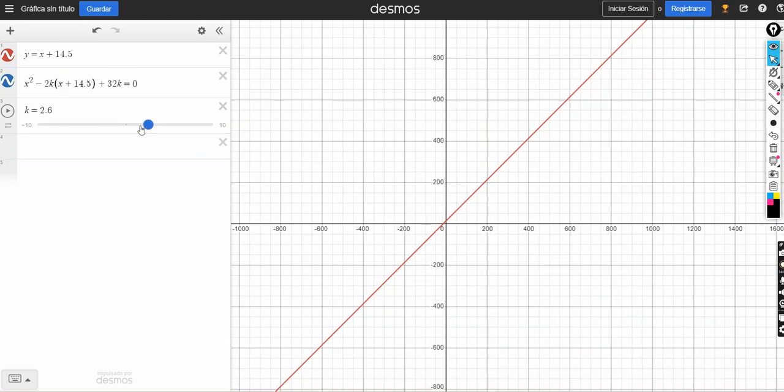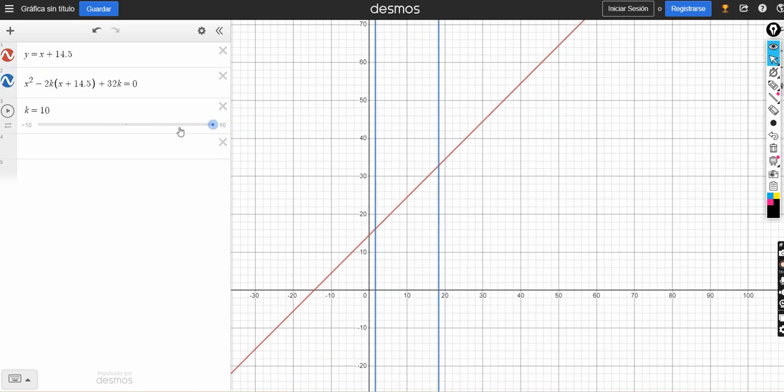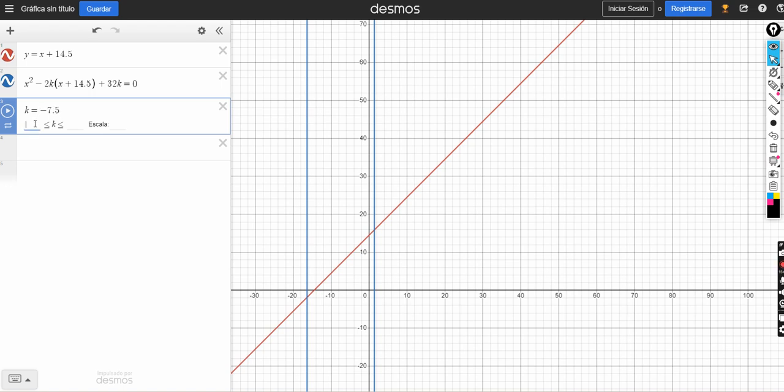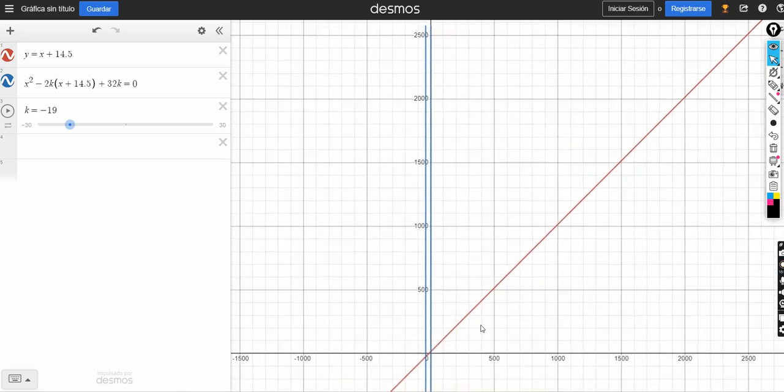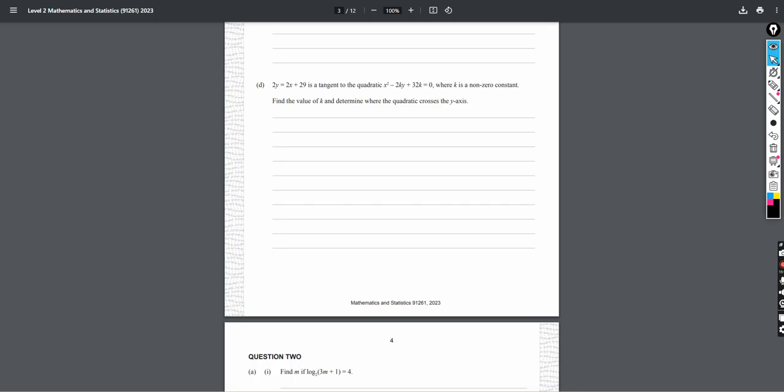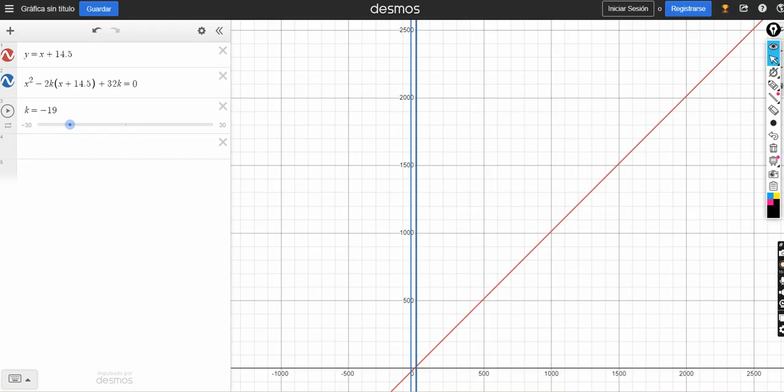Oh. What's it done? Negative 30 to 30. Okay, well that just can't be right then, can it? Oh, that y is falsely being represented.